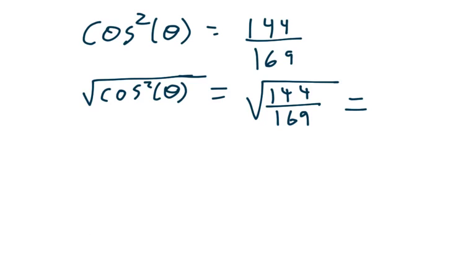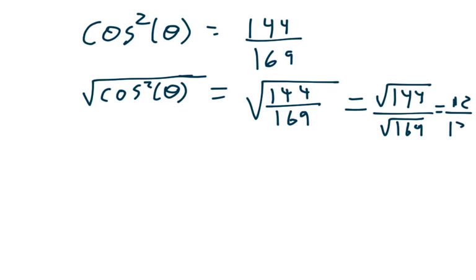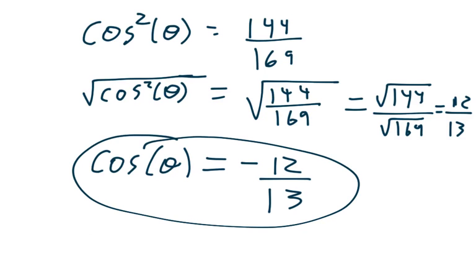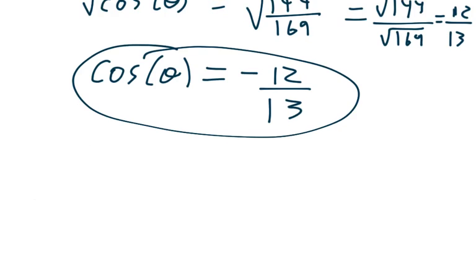Now the right-hand side is the square root of 144 over the square root of 169, so we get 12 over 13. From the square root of cosine squared of theta, just like before, meaning just like with x, we just get cosine of theta. Remember, though, you have to put an extra negative in there because cosine of theta has to be negative. So our answer is going to be this.